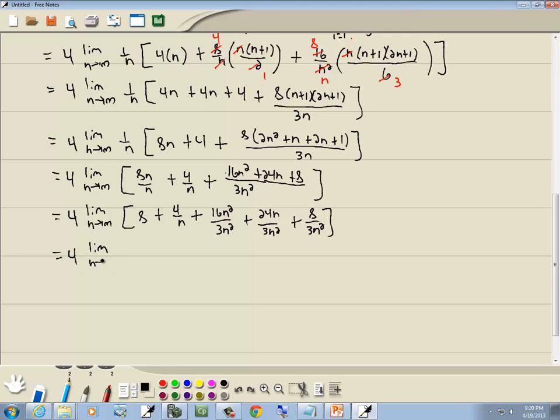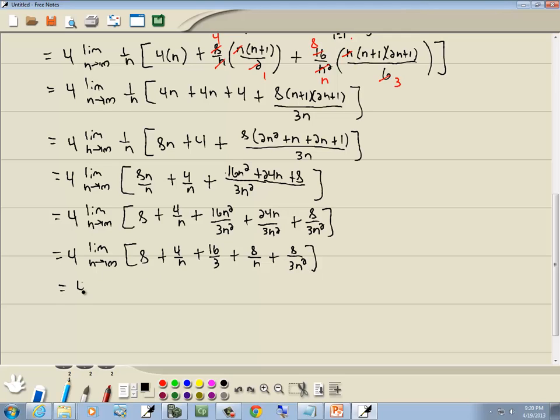A little bit more simplifying: that gives us 8 plus 4 over n. These n squareds cancel, and we've got 16 over 3 plus, one of these n's cancels, and 24 divided by 3 is 8, so we've got 8 over n plus 8 over 3n squared.